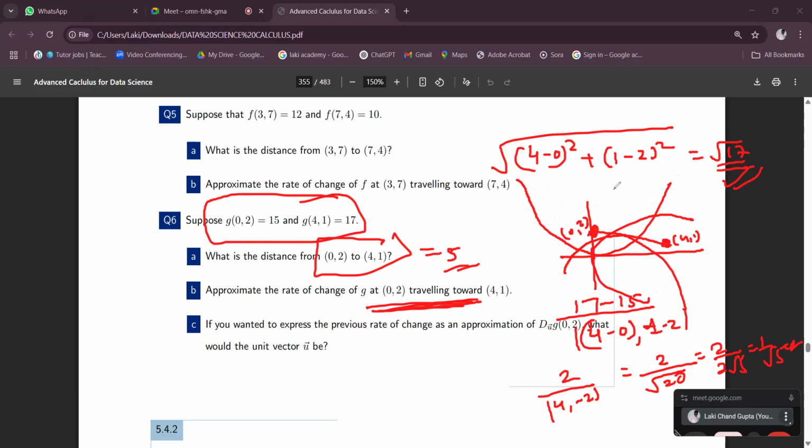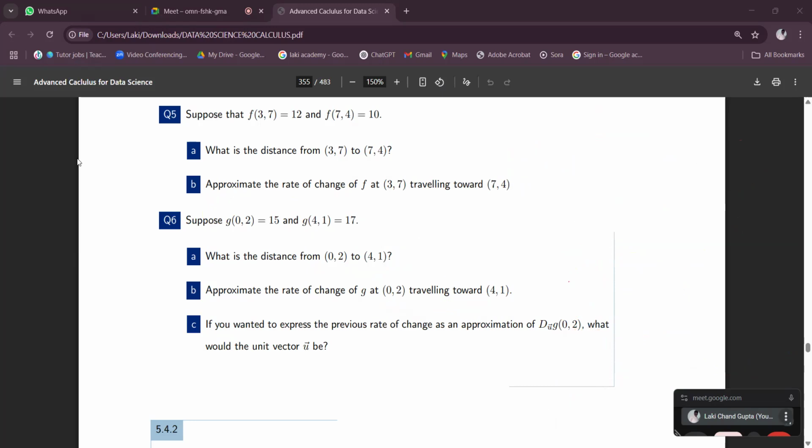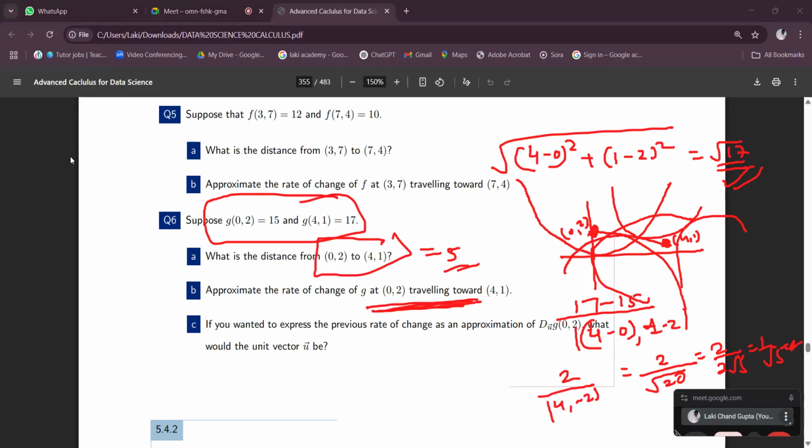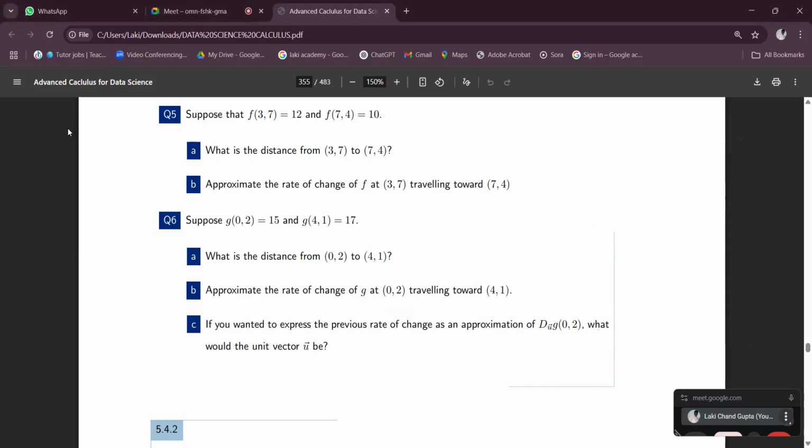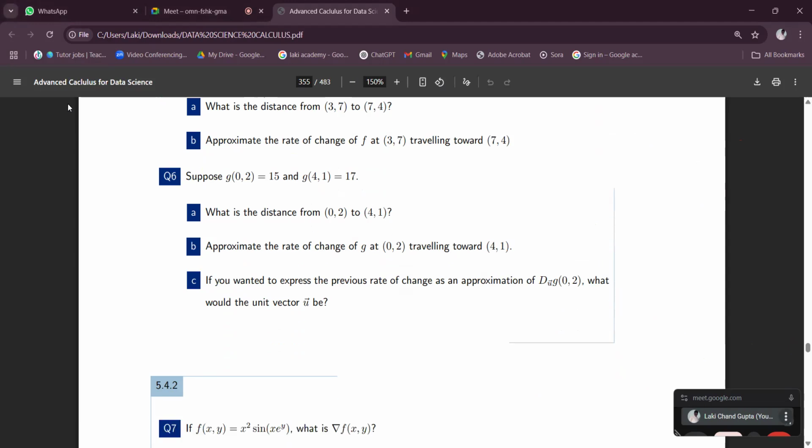It can be this graph also. Any type of function graph can be there. If its rate of change is positive, it means that the graph looks like this for positive. Because g(x) is any function.